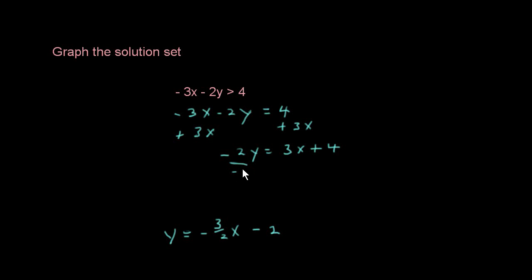Dividing this by negative 2 here, and negative 2 out here, the second term on the right, and we end up with a positive 1y equals negative 3/2 x, and 4 divided by negative 2, what's that? That's minus 2. Okay, so we get this for our equation of the boundary line.